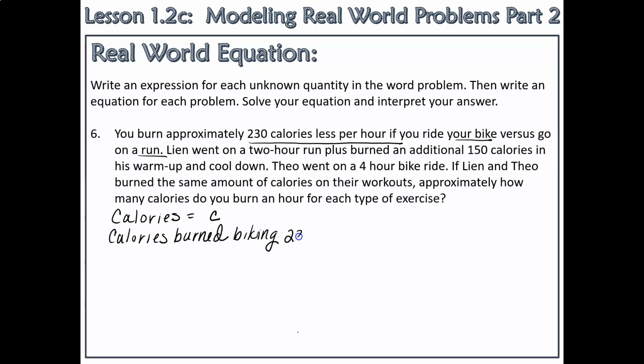So calories on a run, we're going to make that C. Biking is 230 less, so let's flip this to be C minus 230.